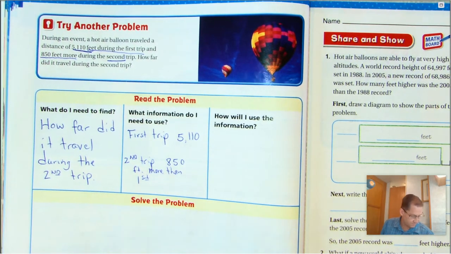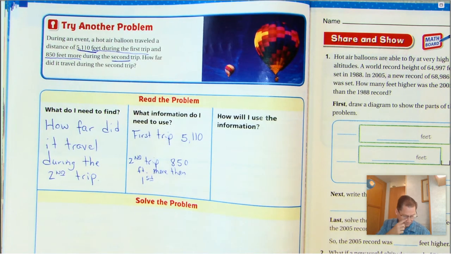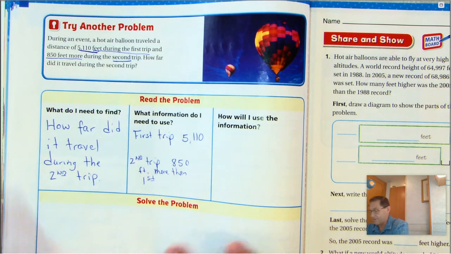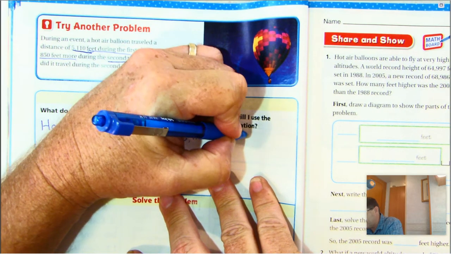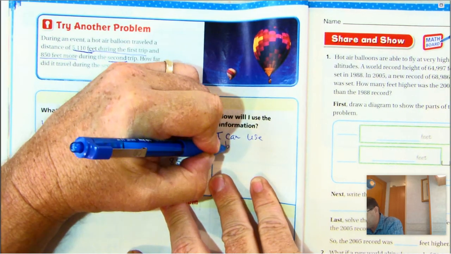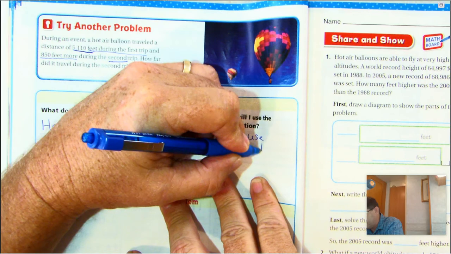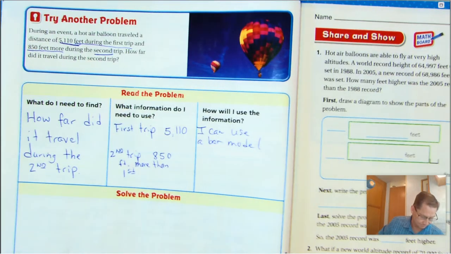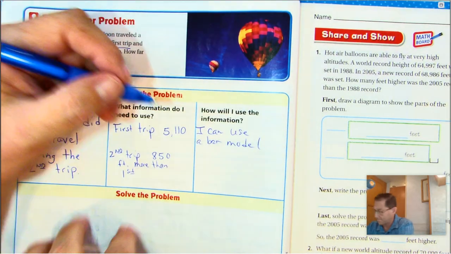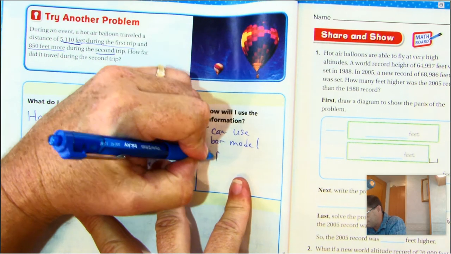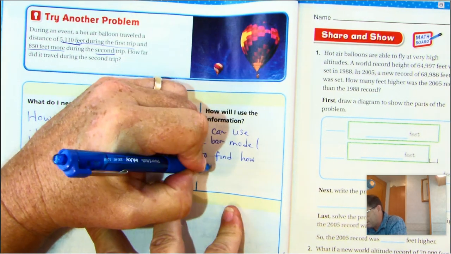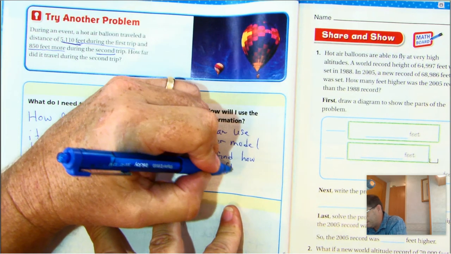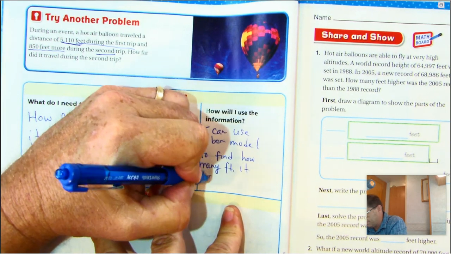So what can we use? You can draw a diagram or use a bar model to find how many feet it traveled in the second trip.